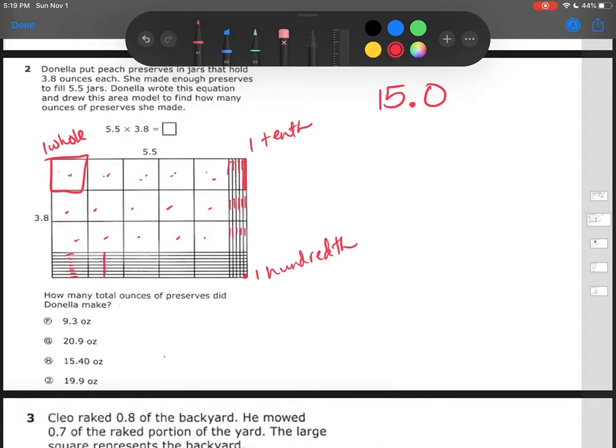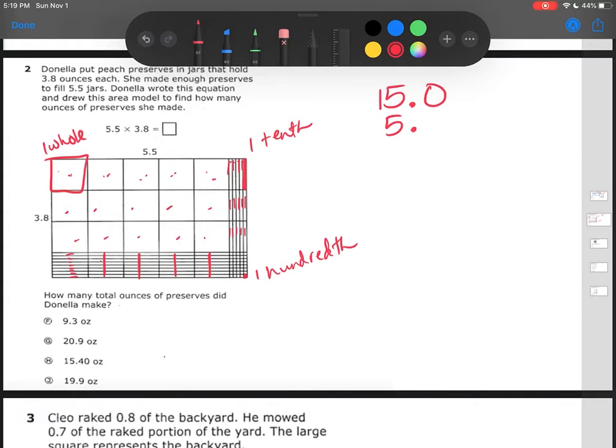So plus another 8 right here would be 31. This 8 would be 39. This 8 would be 47. And this 8 would be 55. So I'd have 55 tenths.